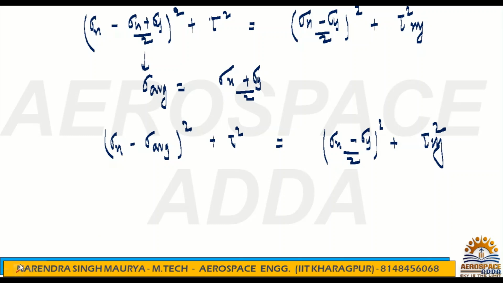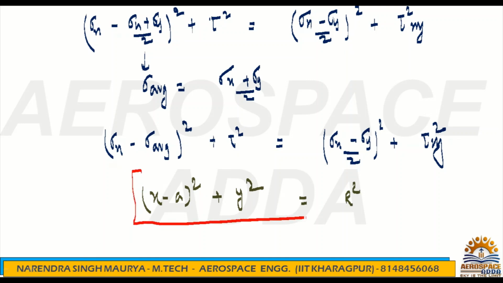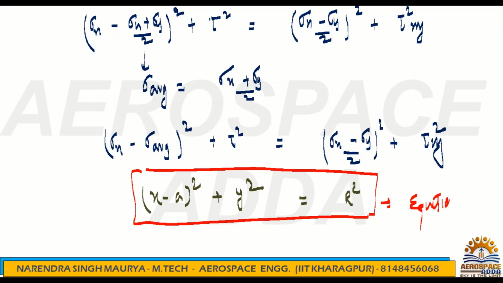Now it's just like the equation, if you remember, (x − a) whole square plus y² is equal to r². This is the equation of a circle, the standard equation of a circle. And the equation you got here is also similar.